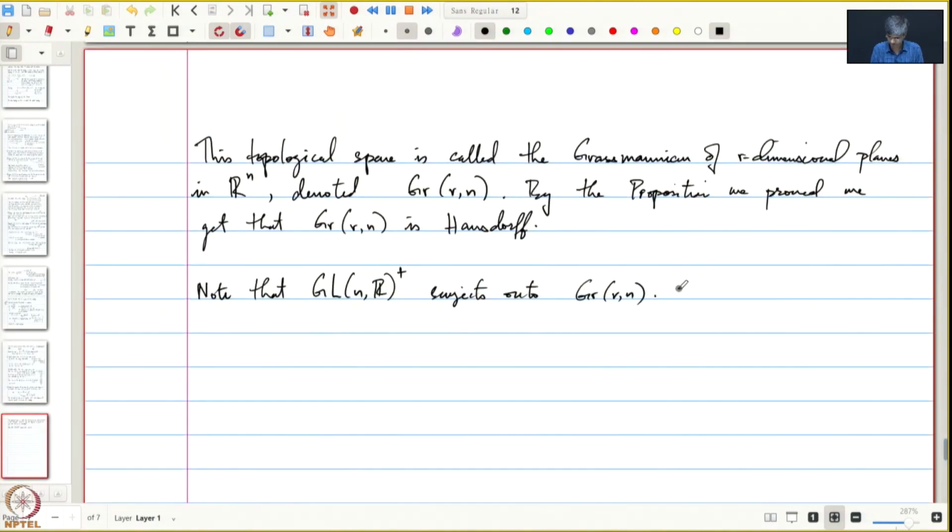And we had seen that GLn R plus is path connected. This implies that this Grassmannian is path connected.